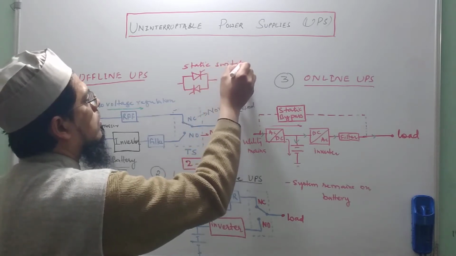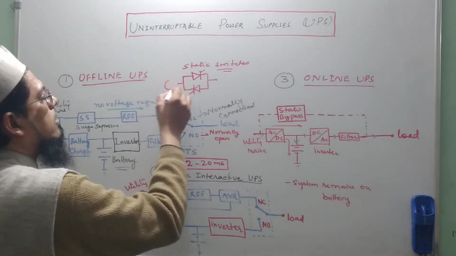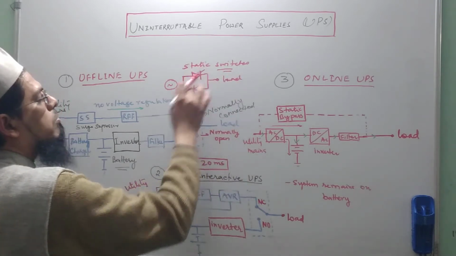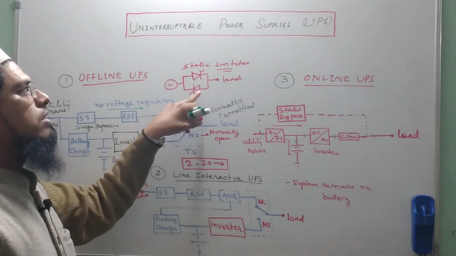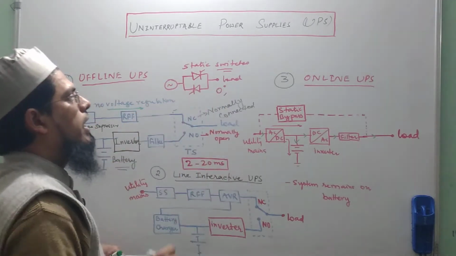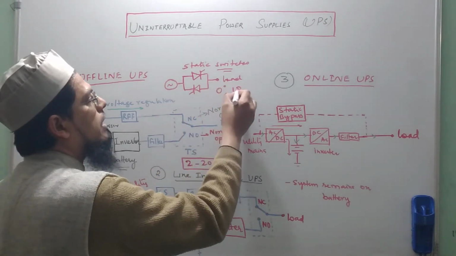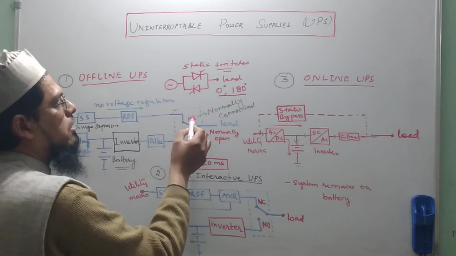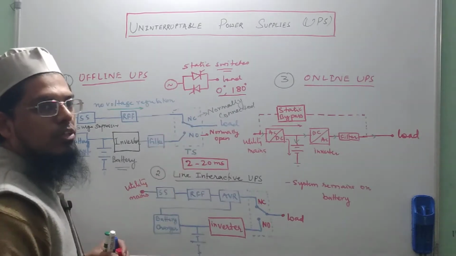This supply is always available to the load when we put the firing angle for the anti-parallel connected SCRs at 0 degrees, and it gets disconnected from the load when we keep the firing angle at 180 degrees. So, NC connection means that it is always connected to the load. That means the firing angle is kept at 0 degrees.